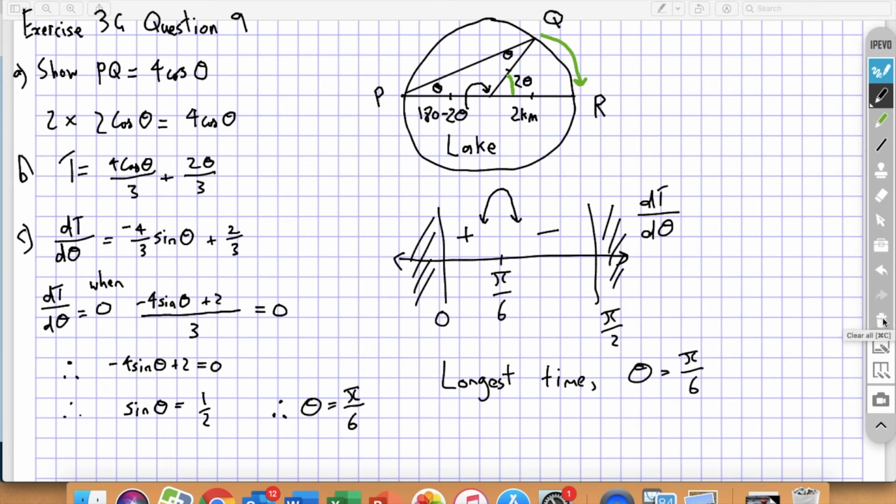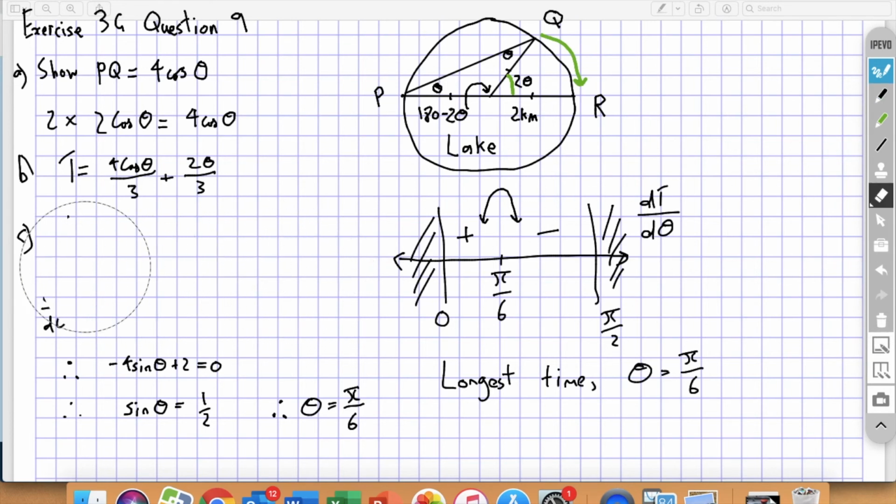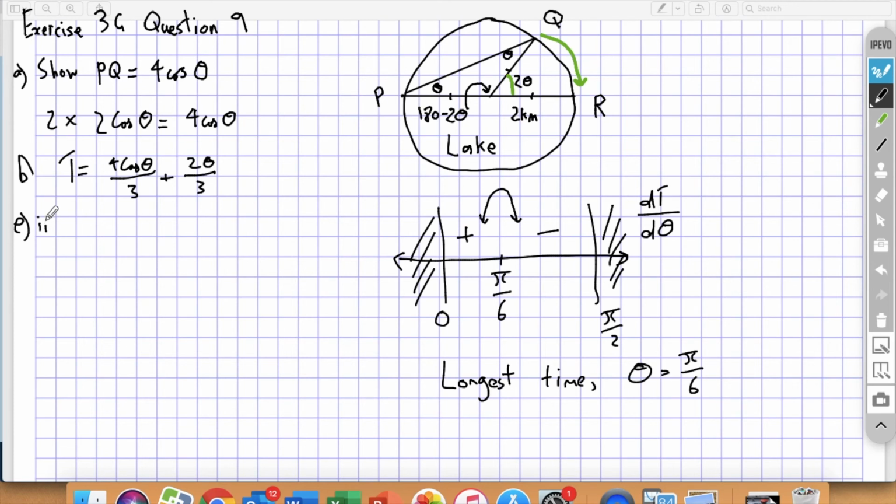But for the second part of E, it says, what about the shortest time? And this is a really important point. So this is E, part 2. What is the shortest time? The really important idea here, and my apologies about these emails you've probably seen on your screen.